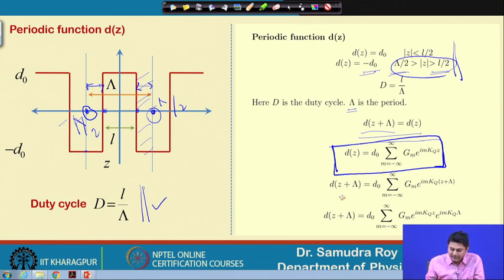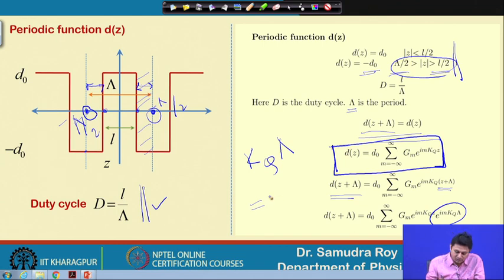Now, if I write D of z plus lambda, then it should be Gm e to the power i m K z into e to the power i m K lambda, in place of z writing z plus lambda. K lambda, we know how much it is?